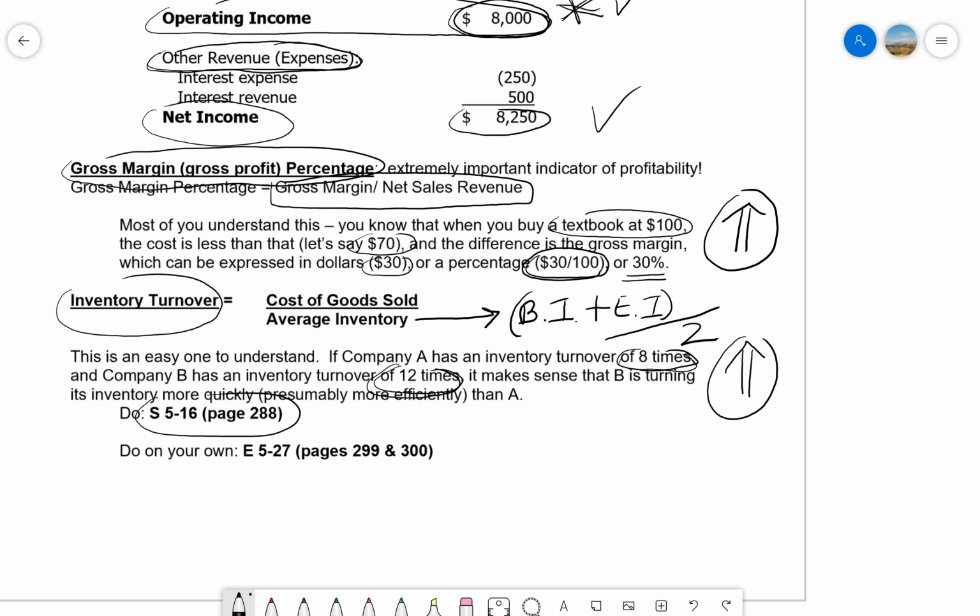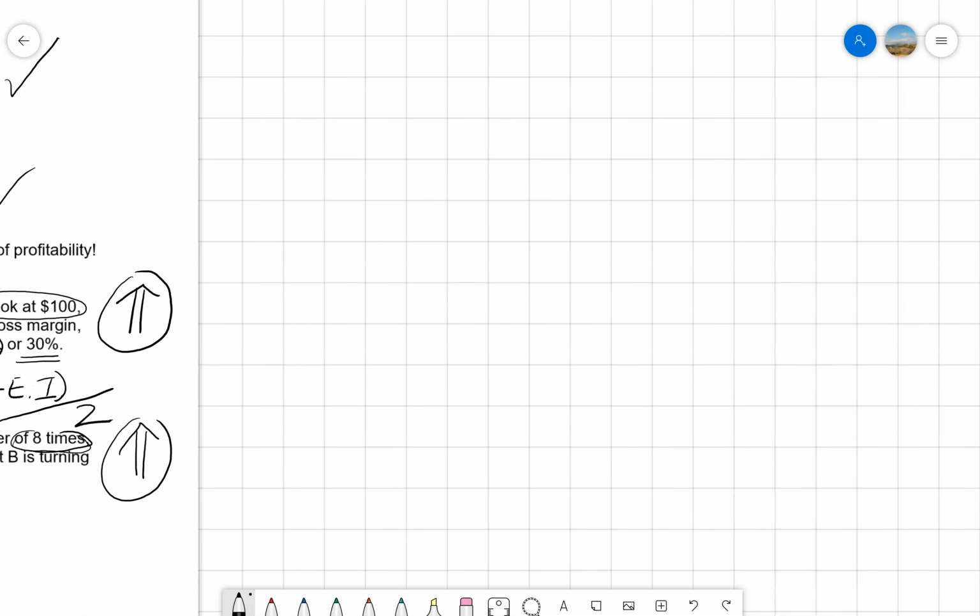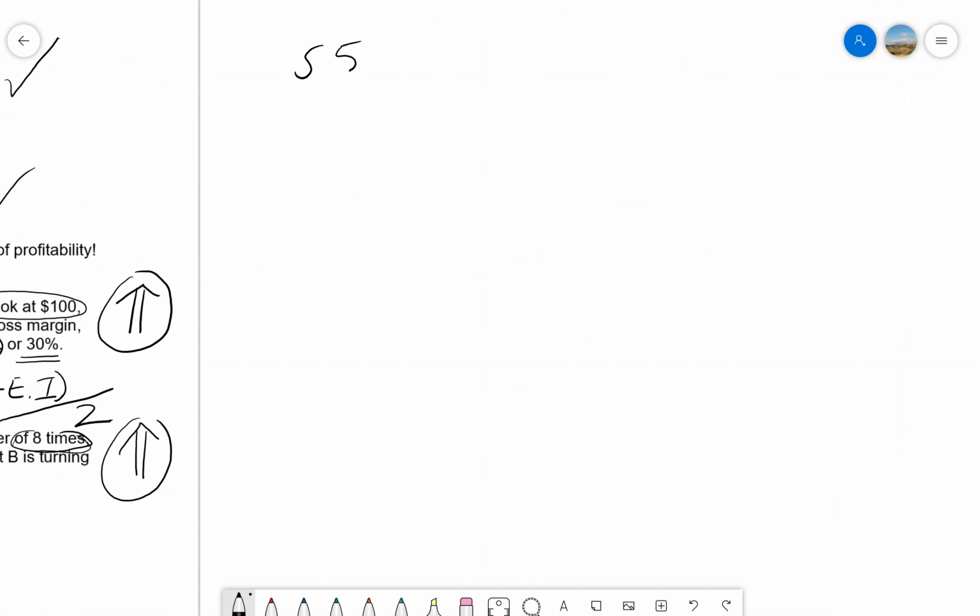So let's have a look at 5-16. Now, in this question, we're asked to first calculate the gross margin percentage. So when it comes to the gross margin or gross profit percentage, we know that we take our gross margin divided by our net sales revenue.